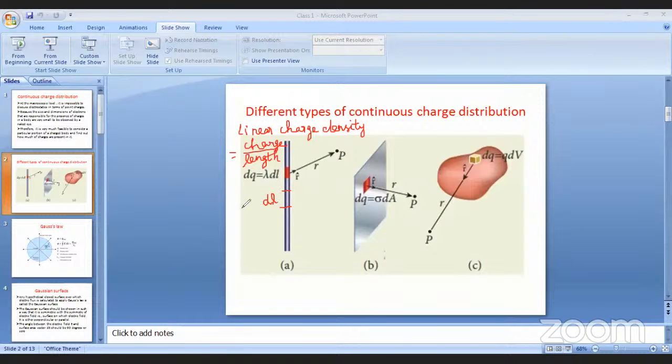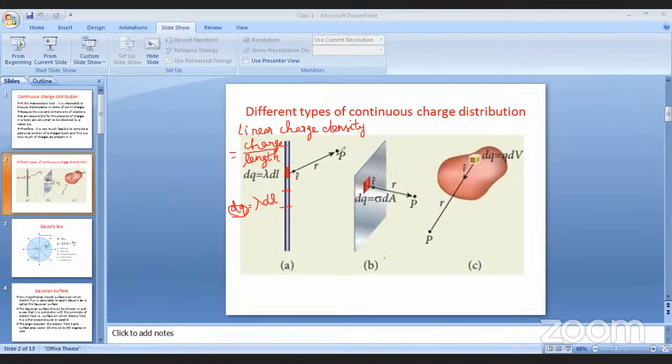When you want to find the total charge present in this small portion, dq equals lambda into dl. Lambda is charge per unit length, so when you multiply it with the small element of length dl, you get the total charge dq in this small element. So dq equals lambda dl, and this amount of charge is present in this small portion.